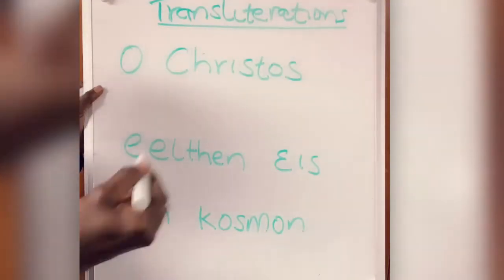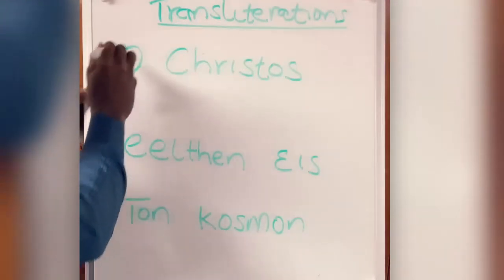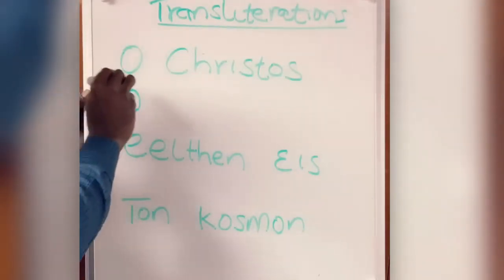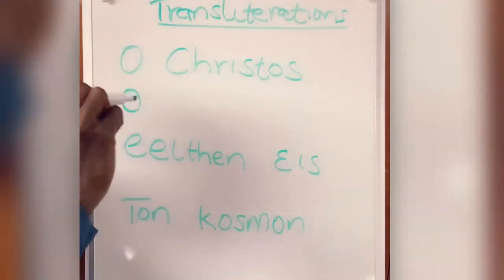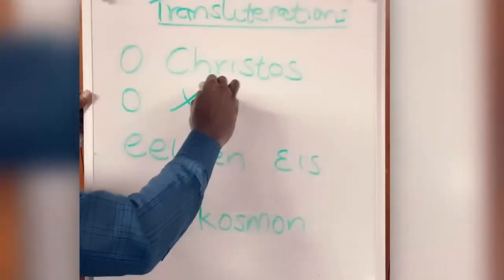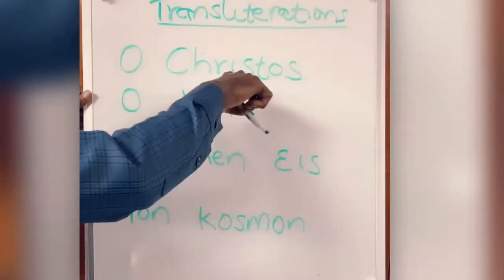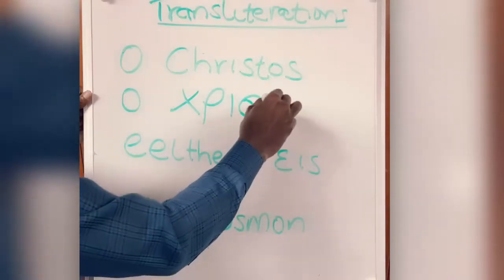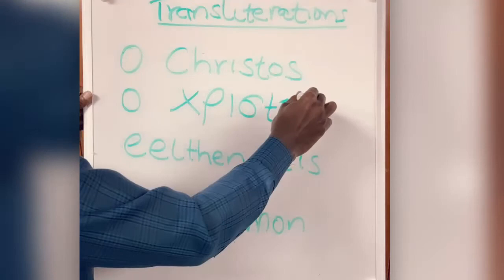I want you to look at the Greek form of these English letters. This O is still O. CH in Greek is chi. Rho is like this. Iota, sigma, tau, omicron, and sigma.